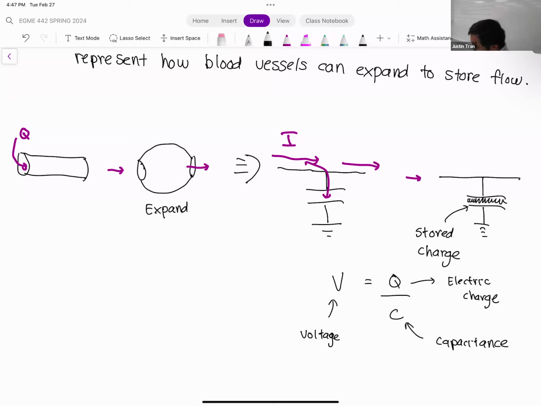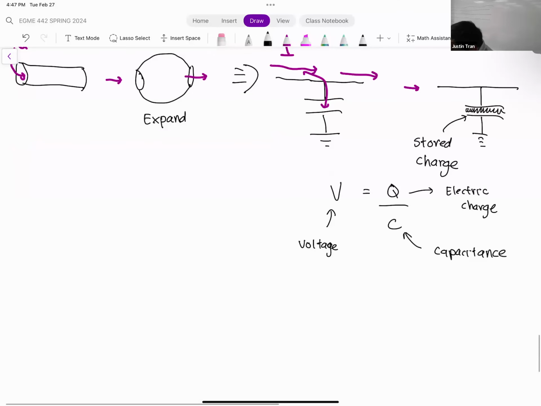Typically we don't work with this form, at least not for lumped parameter models, so let's take the time derivative of both sides. What we get is dV/dt equals 1 over the capacitance. The capacitance is usually a constant, so we don't assume it changes with time.